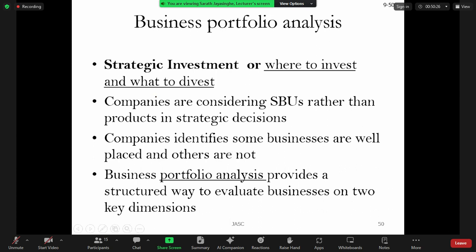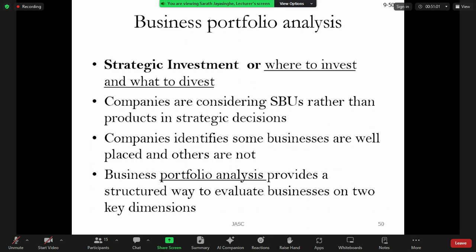So we can think about business portfolio analysis under this topic, strategic investment, or where to invest or what to divest. Companies are considering SBUs rather than products in strategic decisions because we consider it as a unit, because most of the products are interrelated and very closely related, and sometimes we are using a similar set of people, employees, as well as machinery and those kind of technical things, right?